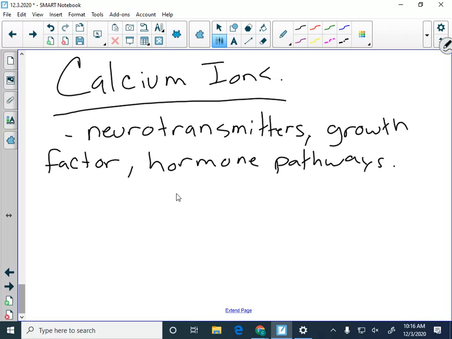This stuff is more widely used than cyclic AMP. Our calcium ions are super, super important. In fact, an increase in the concentration of calcium ions triggers a variety of signaling pathways.